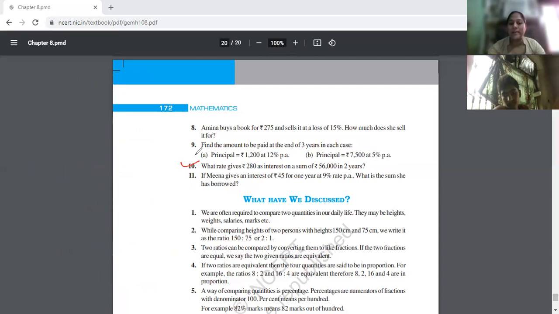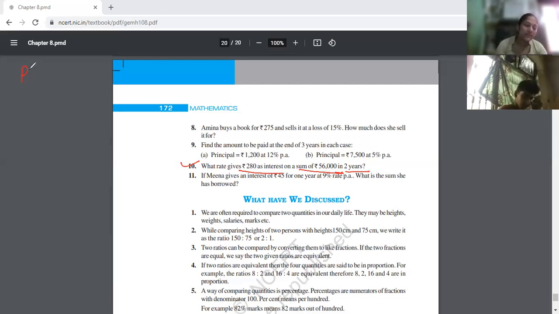Interest is given, principal is also given and time is also given. Then what to find? The question is asking for the rate of interest.